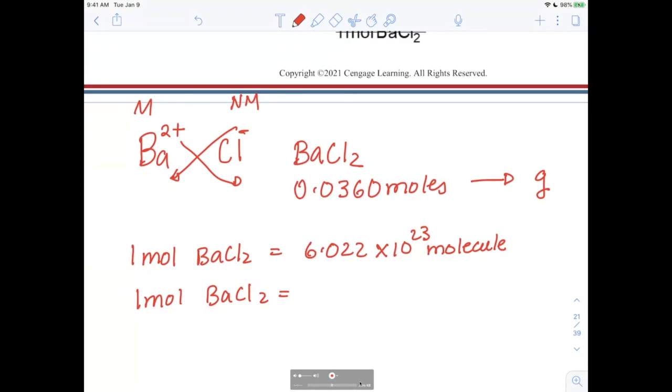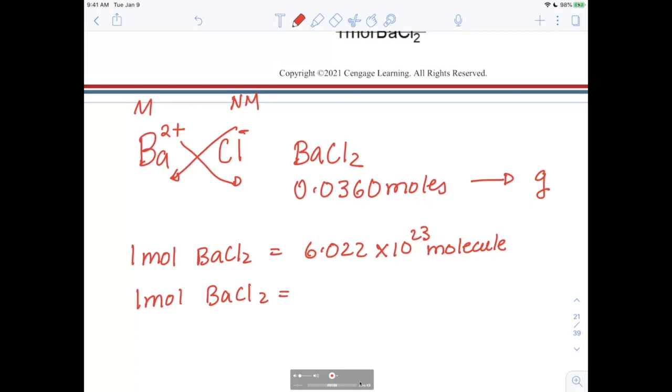Okay, I need to do this on the side. 1 barium is equal to 137.33. I have my periodic table right here. And then each chlorine is 35.453.